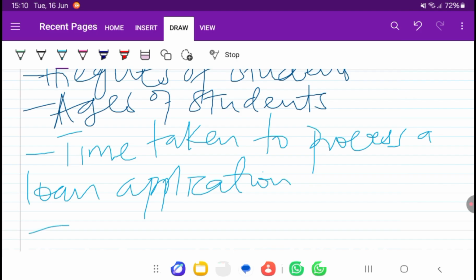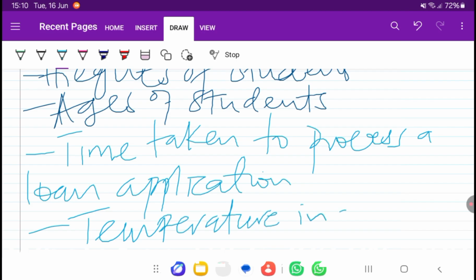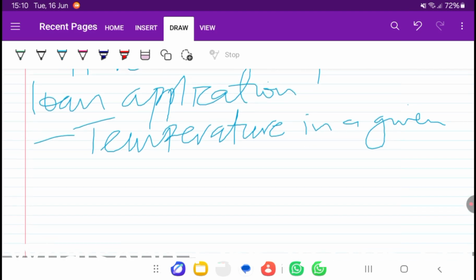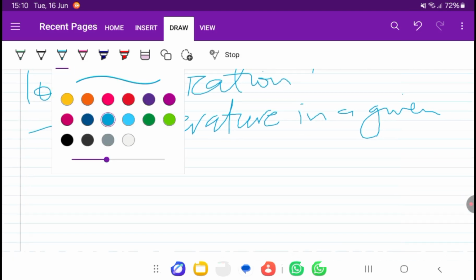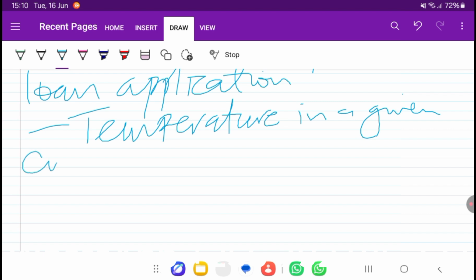We can also have things like temperature in a given city, let's say Kampala.